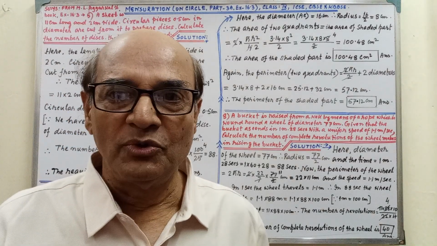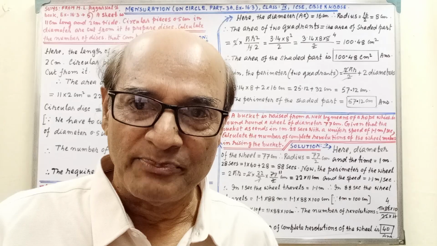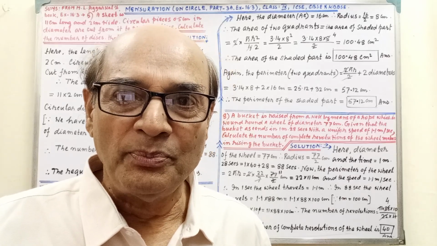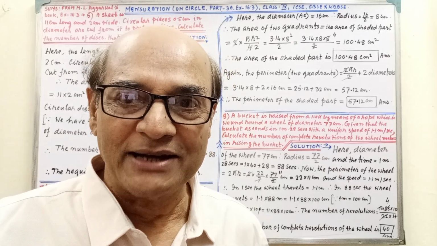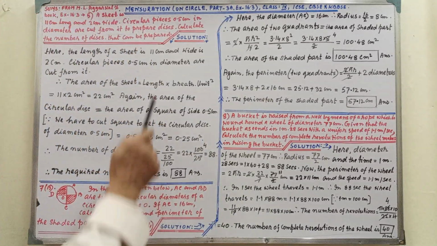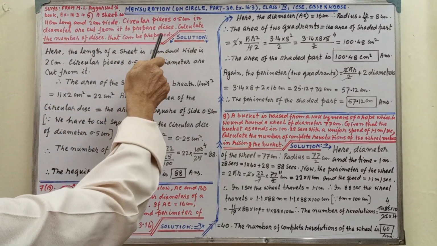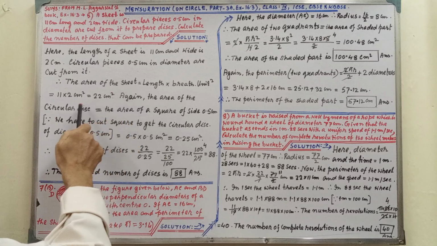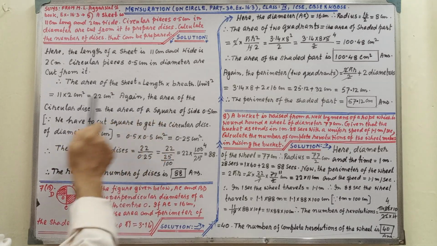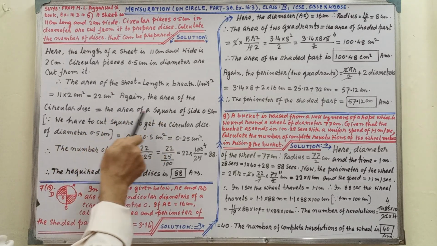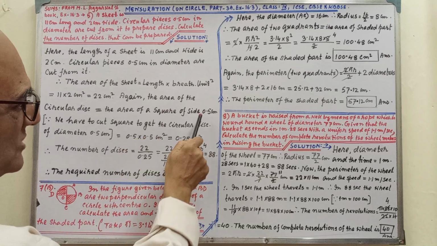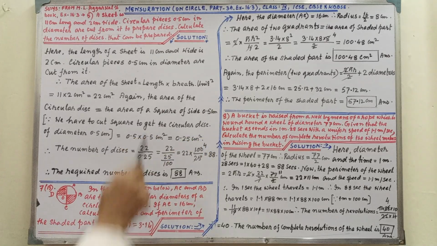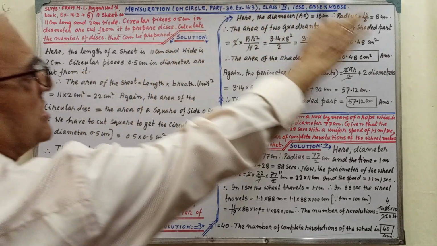Most of you will think you have to apply the formula of circle, that is pi r square. But here pi r square will not be used, because the area of the circular disc is taken equal to the area of the square of side 0.5 centimeter. Why? Suppose this is the sheet.